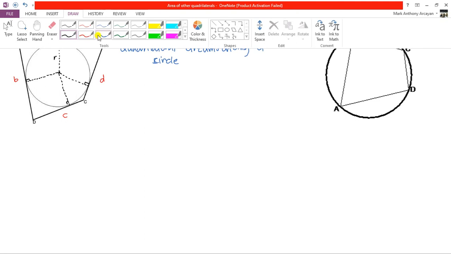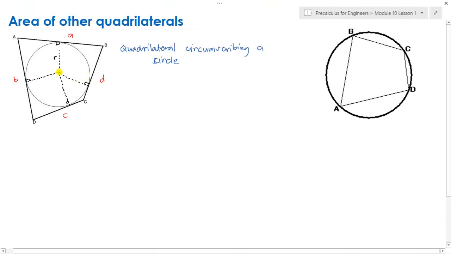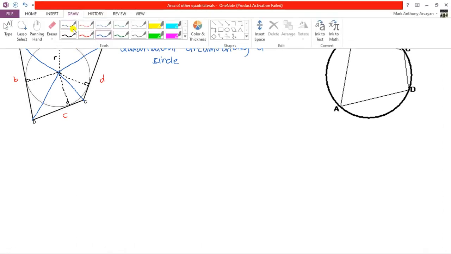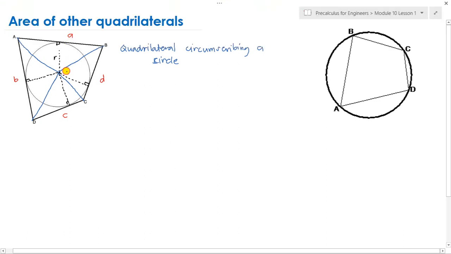Next, if we project from the center of this circle to each vertex of the quadrilateral, we connect them. You will notice that we have created triangles. How many triangles? We have 4 triangles. If we label the center as P, the first one, triangle number 1, is triangle CPB.